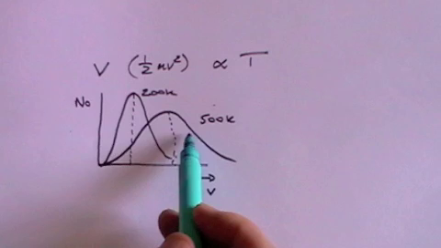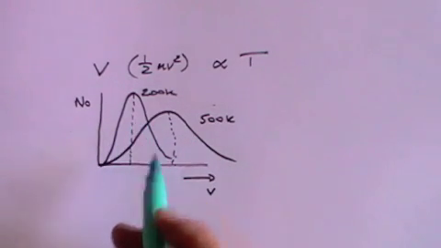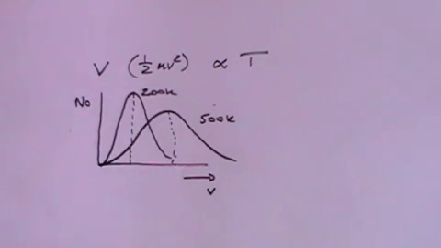This is more spread out at 500 degrees than this is at 200 degrees. We must remember that particles or molecules in the gas are colliding all the time, and therefore they're transferring energy from one to another. But the total energy of all the particles will remain the same for a given temperature.